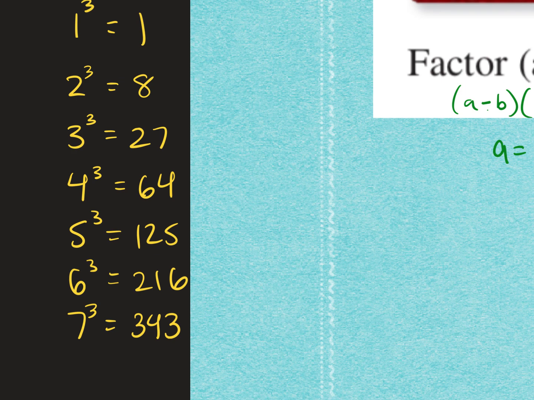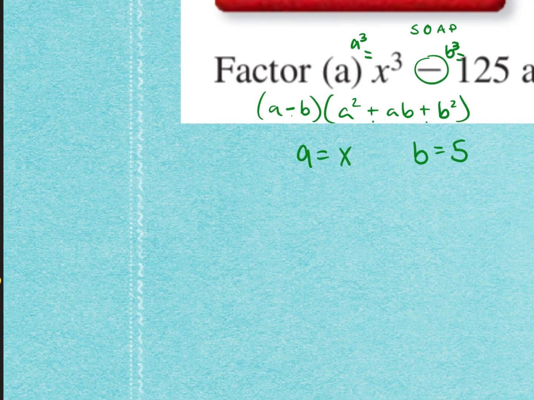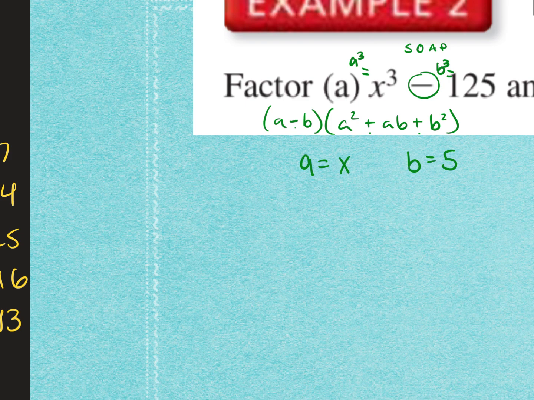If you have like x to the third power plus 8, it's helpful to identify that that 8 is a perfect cube, so you're going to use your sum of cubes formula. So just like here, we see 125. 125 is a perfect cube, so we know we're going to use our difference of cubes formula. So let's plug in. X is going to go into all of the A spots, and 5 is going to go into all of the B spots.